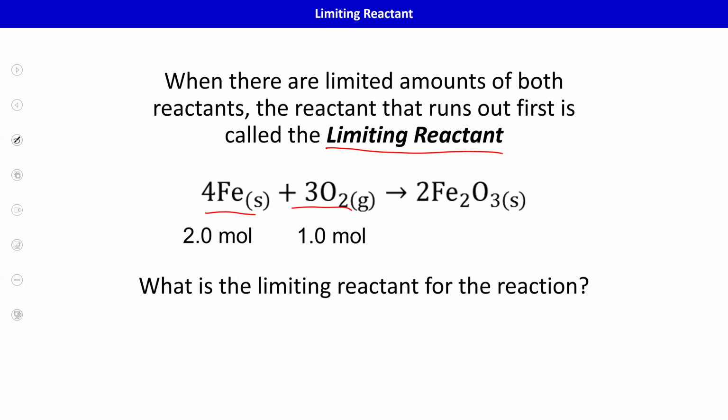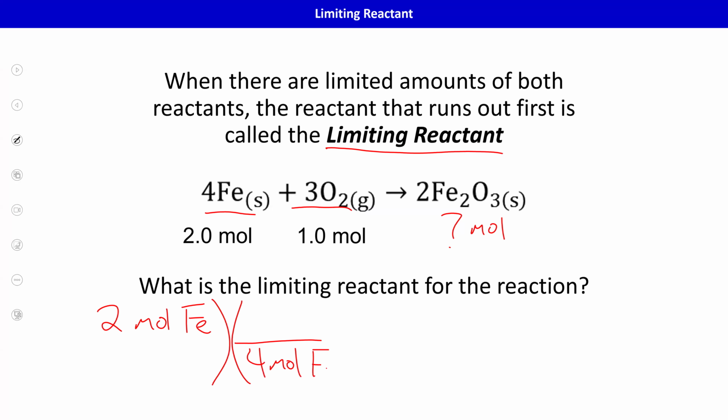So the way we do this, there's a couple ways we can show this. The easiest way is to say, okay, well, if all iron reacts to make a product, how many moles could I make? So 2 moles of Fe2O3 for every 4 moles of Fe.